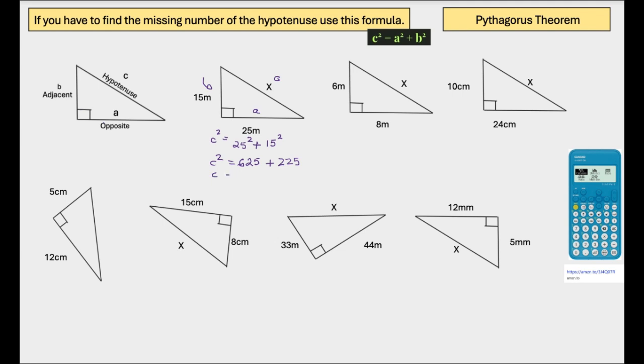So let's work that out. 625 plus 225 is 850.